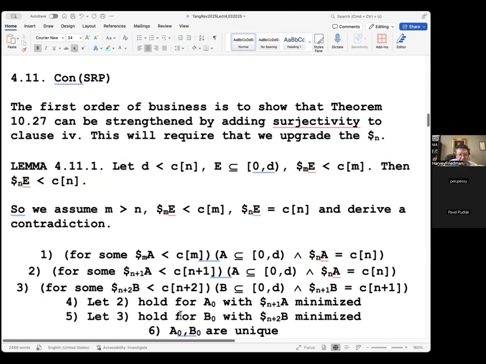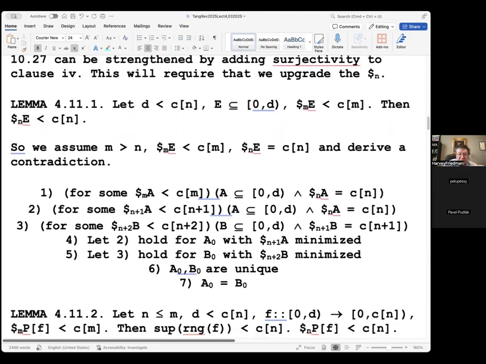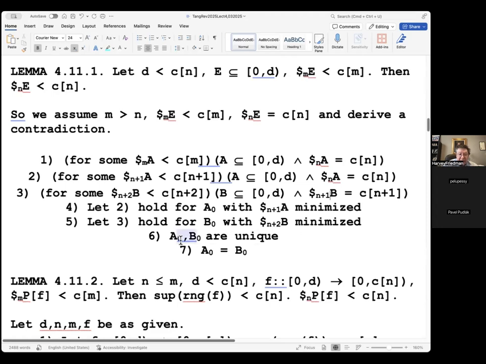We can minimize the A naught. We can minimize the A for 2, and we can minimize the A for 3. And then we use indiscernibility to prove that both A and B, first of all, are unique, of course, because we minimize them. And we can prove by indiscernibility they must be equal because these A's are subsets of 0D.